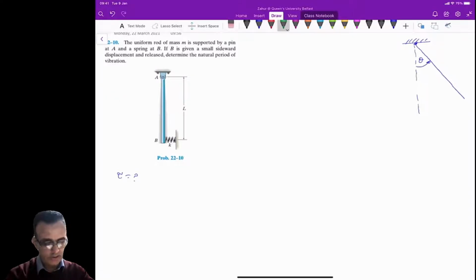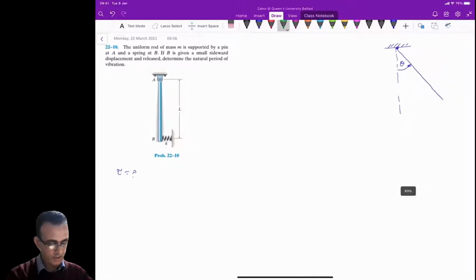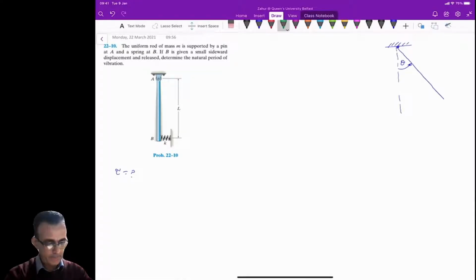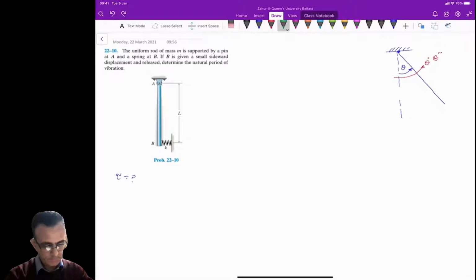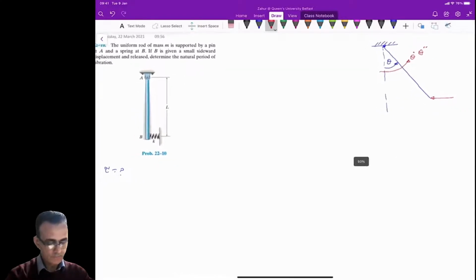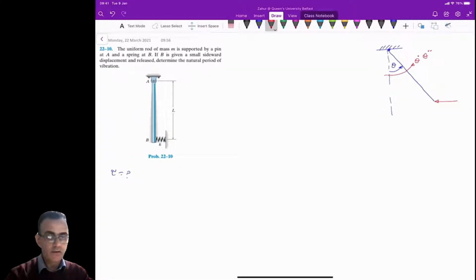So if we displace this in this direction here, then theta dot and theta double dot will be positive in this direction here. And we can see that the spring force will be in this direction here, and which in this case is equal to kx.